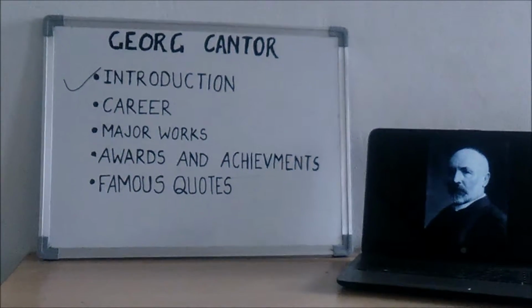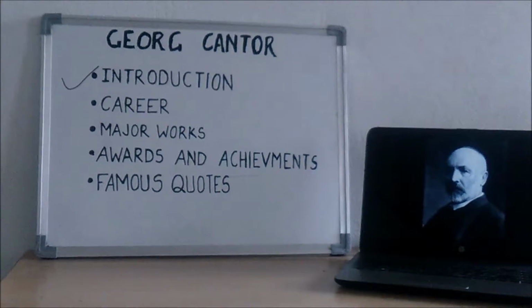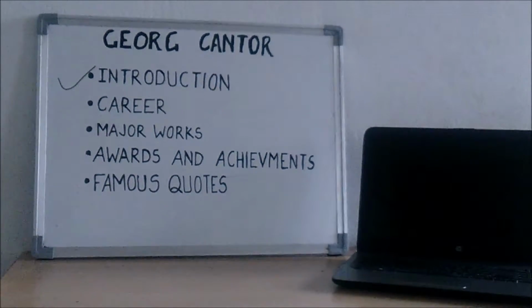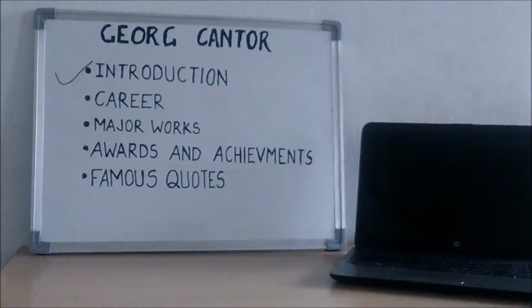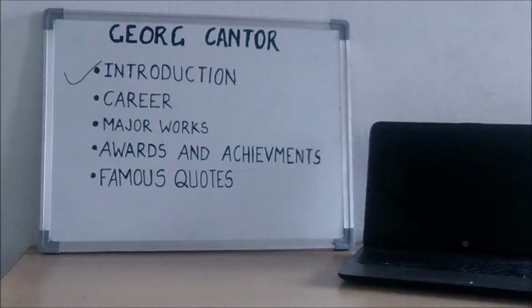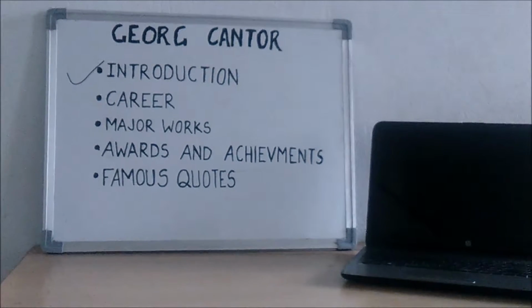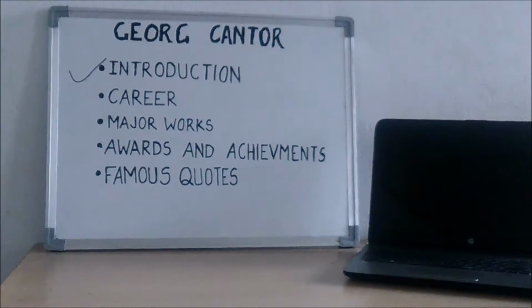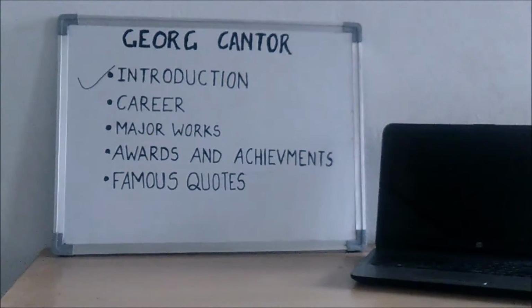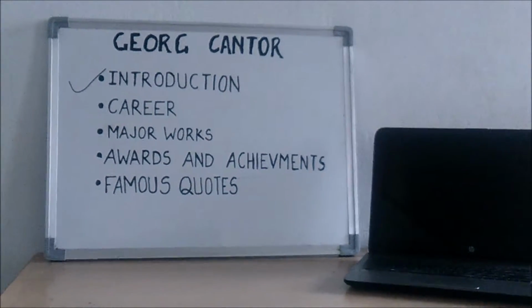In 1891, he published a paper containing his diagonal argument for the existence of an uncountable set. He applied the same idea to prove what is now known as Cantor's theorem. The theorem states that for any set A, the set of all subsets of A has a strictly greater cardinality than A itself.